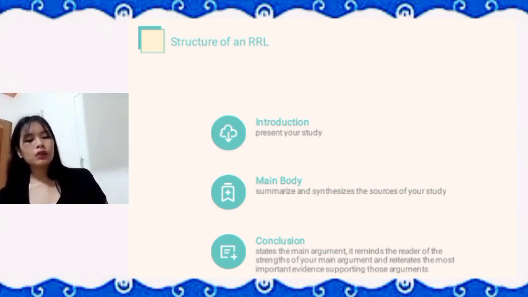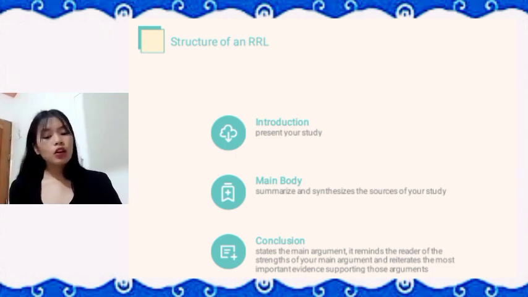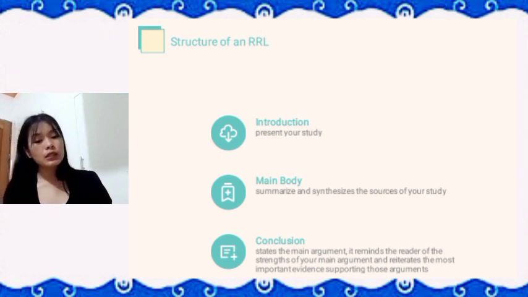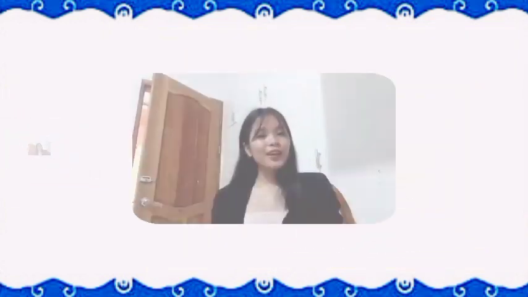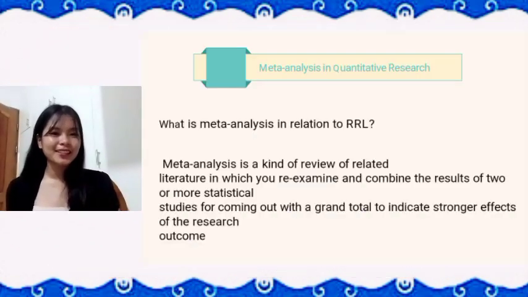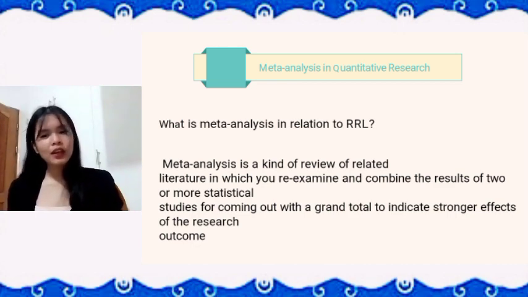The main function of the conclusion of the paper is to state the main argument. It also reminds the reader of the strength of your main argument and reiterates the most important evidence supporting those arguments.